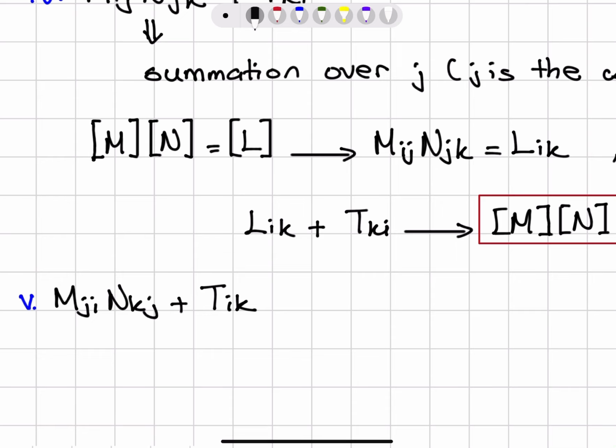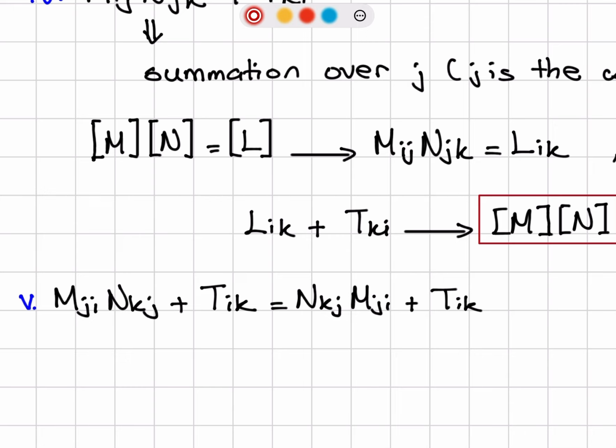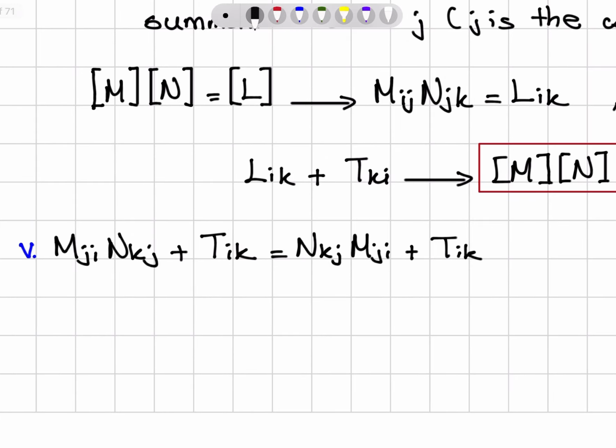Now rearranging, this is actually Nkj Mji plus Tik. I can change the order of the product here, and I see immediately that J is a contracted index. It implies summation.